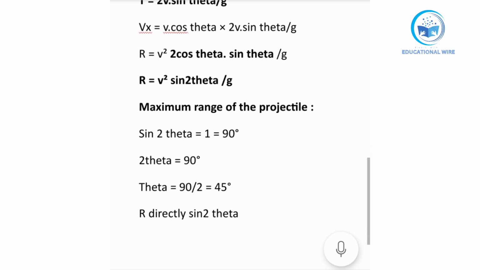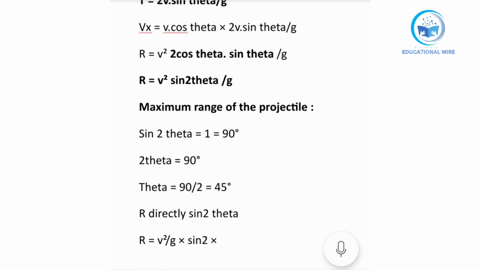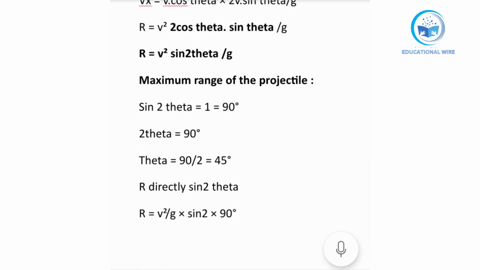Okay, so in place of directly proportional we put a constant, that is r is equal to v square upon g into sine 2. Now at the place of theta we put that theta of 90 degree, sorry, by the way, I will put 45 degree because of maximum angle.